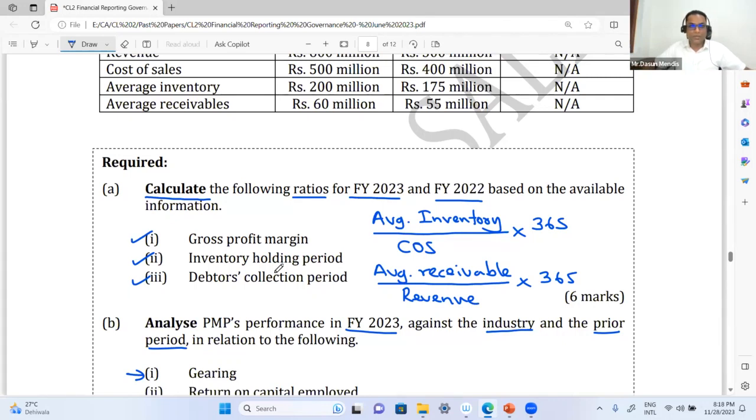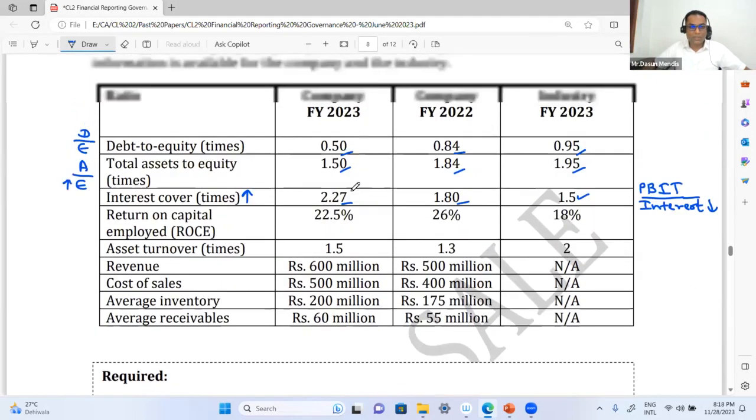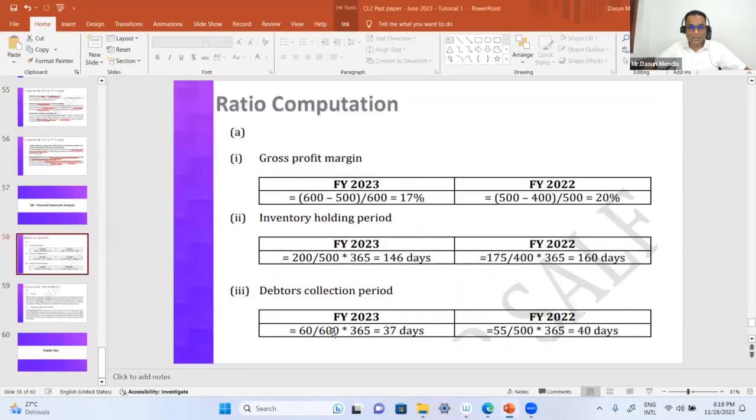Right? So if you do the computation, what is your receivable figure in the year 2023? 60 million. 60 million divided by revenue, how much? 60 divided by 600, that is average receivable divided by revenue 600, into 365, 37 days.